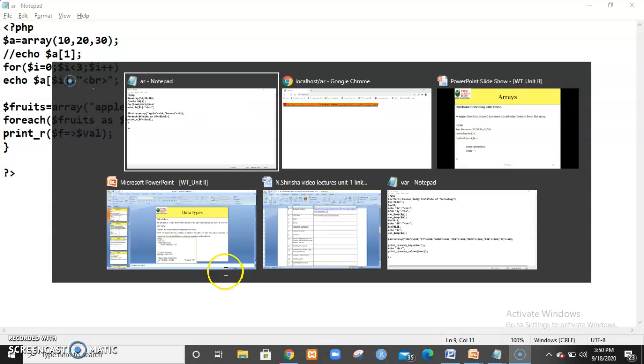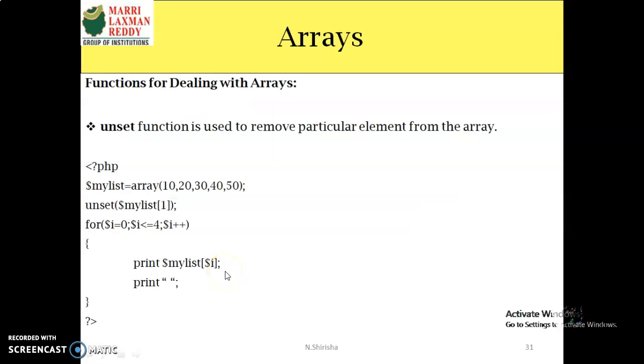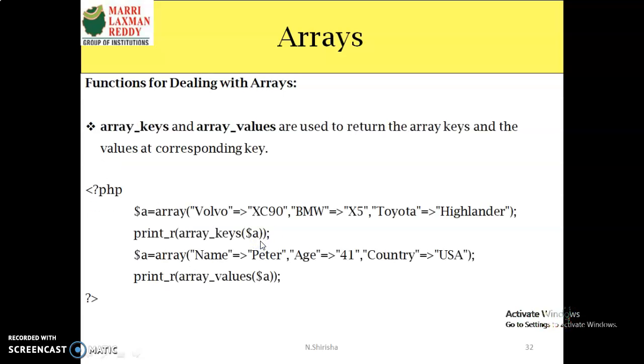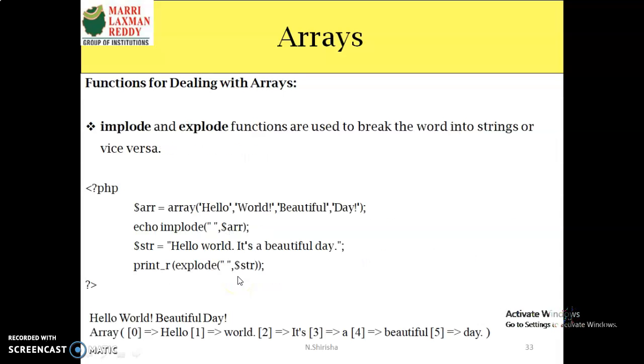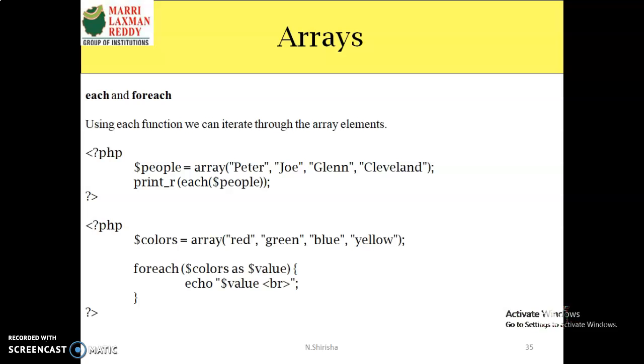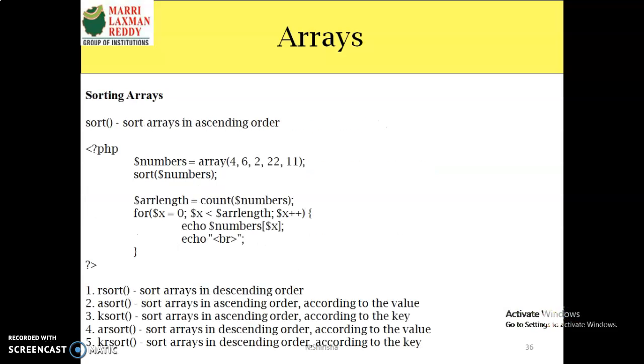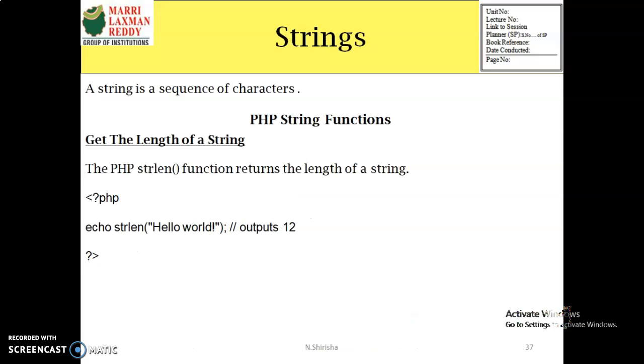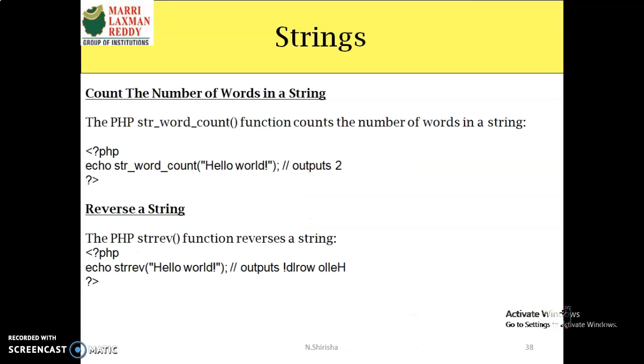Let me check it once. So this is how we write it. For only printing the keys, you can use array_keys. For only printing the values, you can use array_values, right? So a key value pair will have both the key and also the values.